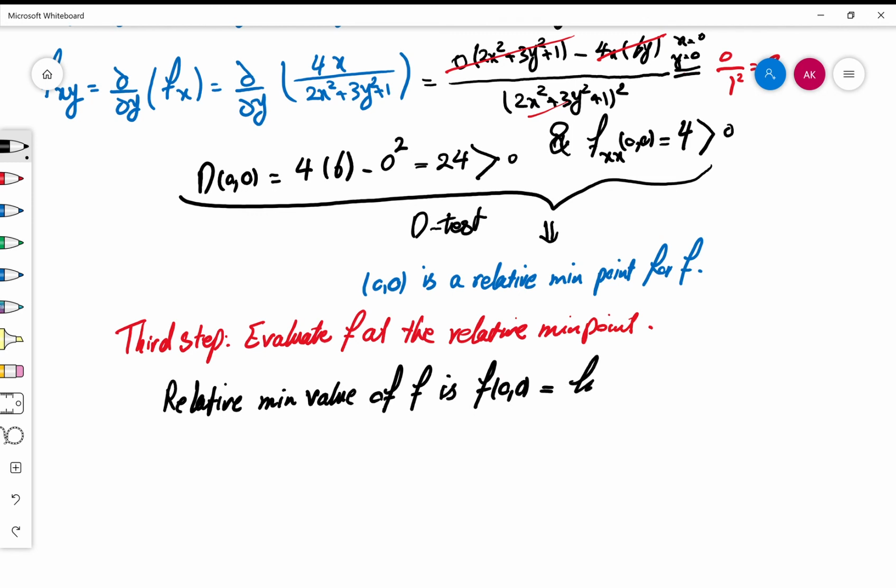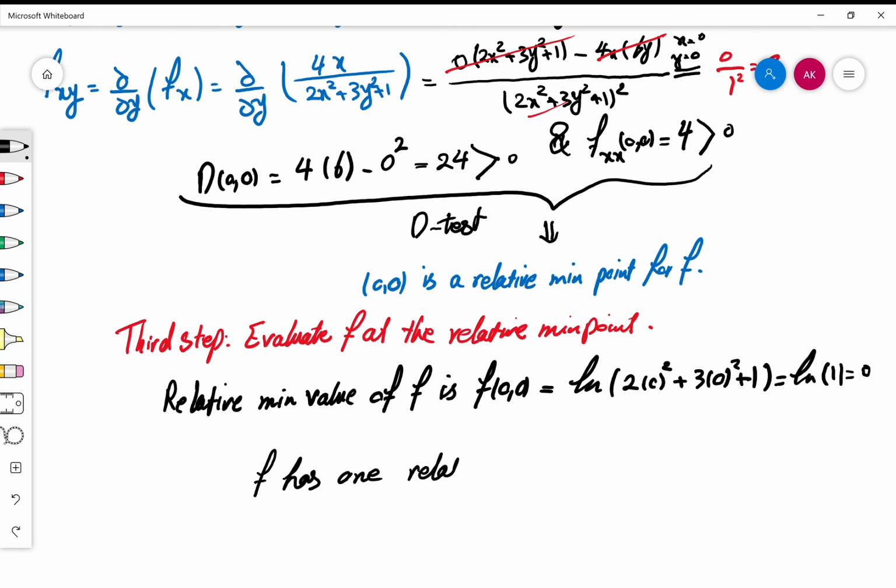It means ln of 2 times 0 squared plus 3 times 0 squared plus 1, which gives me ln of 1, which is 0. So f has one relative min value equal to 0.